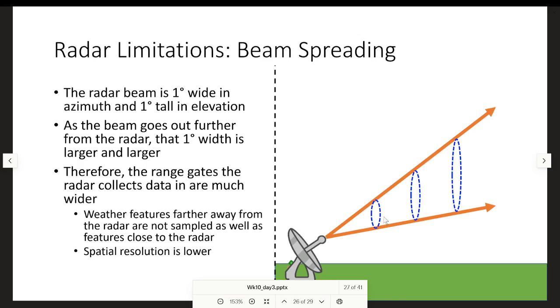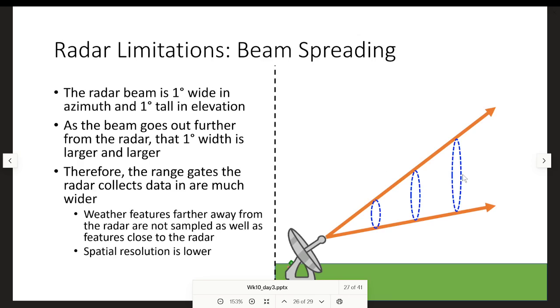Basically what happens is you start out with this 1 degree difference, but as you travel outwards, the little circle that it's sampling gets bigger and bigger, and so the resolution isn't as good the farther out you get.